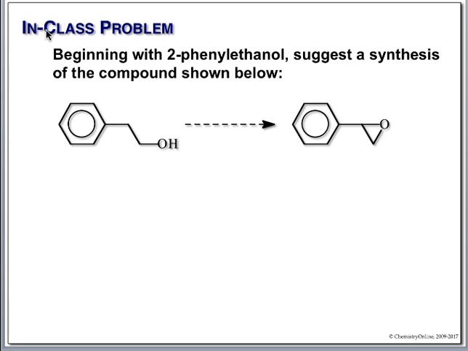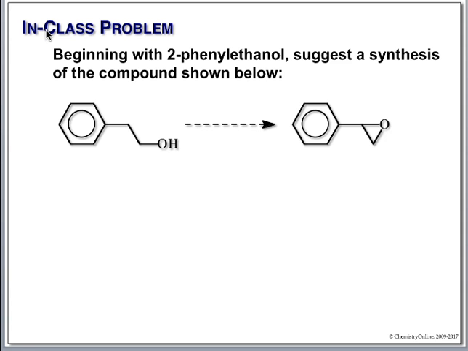It's an epoxide. I know 2 or 3 ways to make epoxides. I can do peracid, or I can do halohydrin. Now I know the answer, so let's do halohydrin.